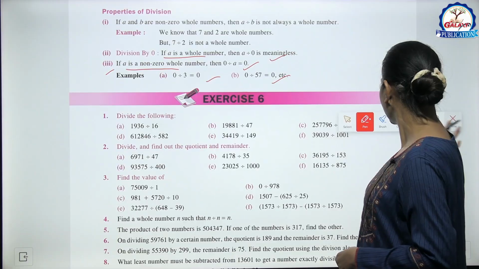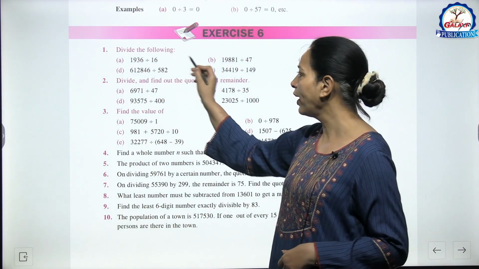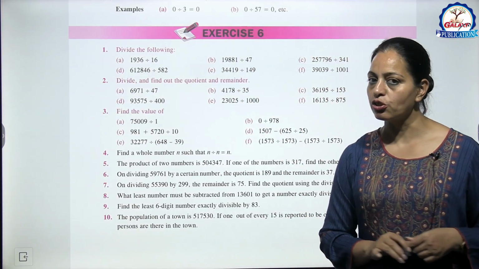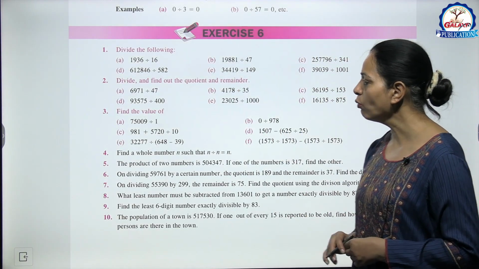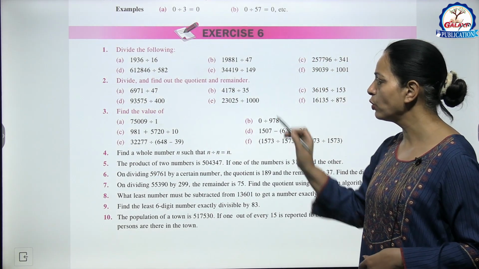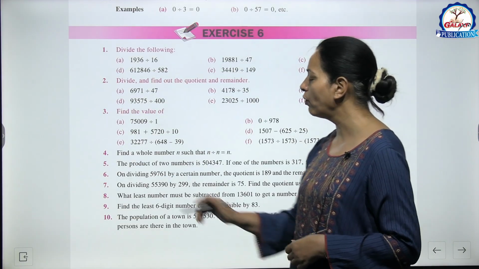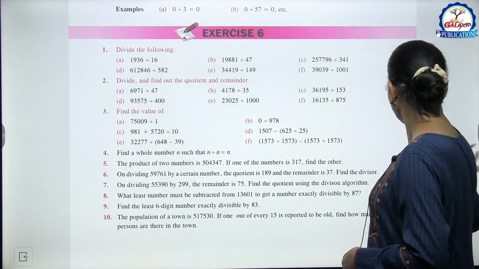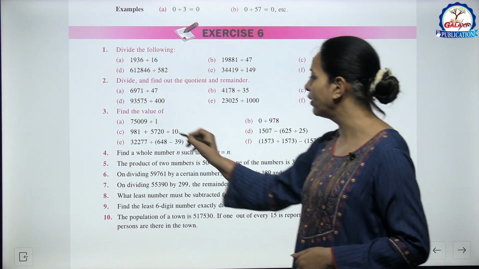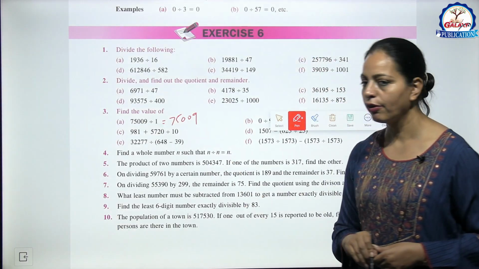Now exercise 6, based on such type of properties like the first one, divide the following. Here division you can do on your own. The second one, divide and find out the quotient and remainder. Similarly, you can try these also. Now the third one, find the value of A part, 75,009 divided by 1. So this is the same number only, right?